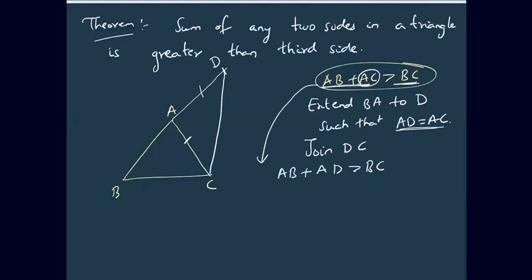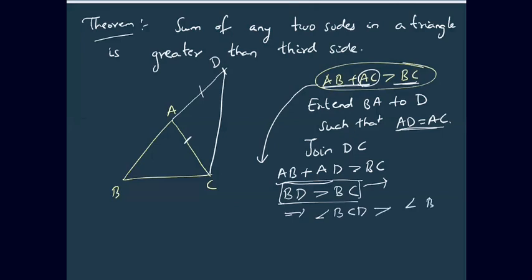But AB plus AD is equal to BD, that is, I need to prove that BD is greater than BC. So BD is greater than BC is equivalent to saying that angle BCD is greater than angle BDC. Okay, this is what needs to be done.